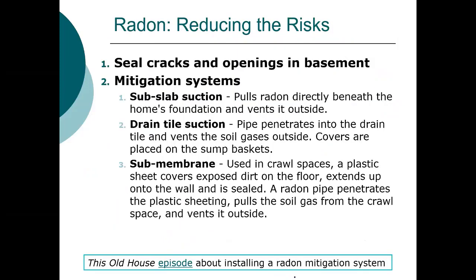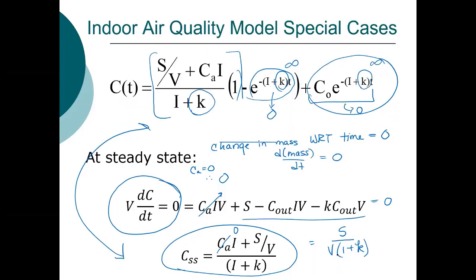And if we substitute and solve for this, we will end up with 1.5 times 10 to the 3 picocuries per meter cubed. Notice it's in meters cubed because volume is in meters cubed, which is 1.5 picocuries per liter.